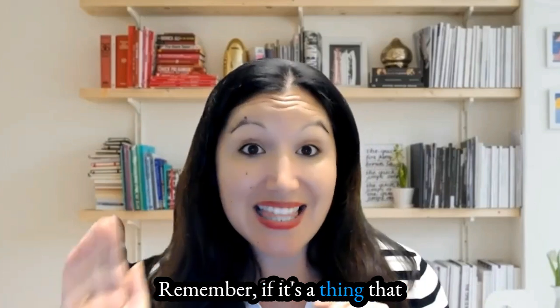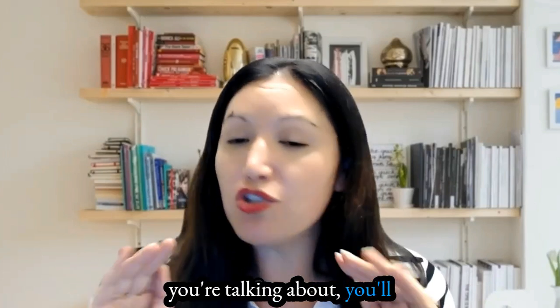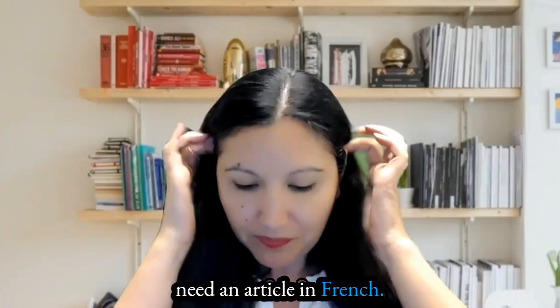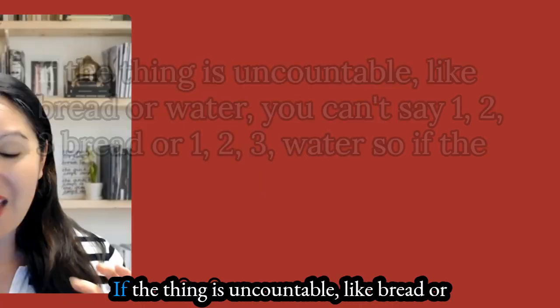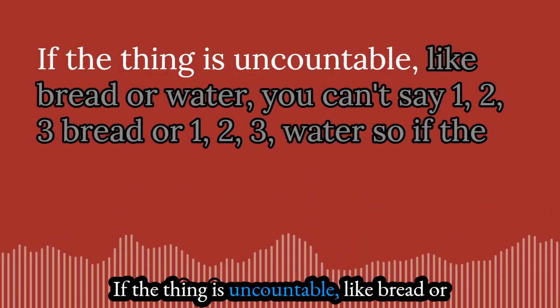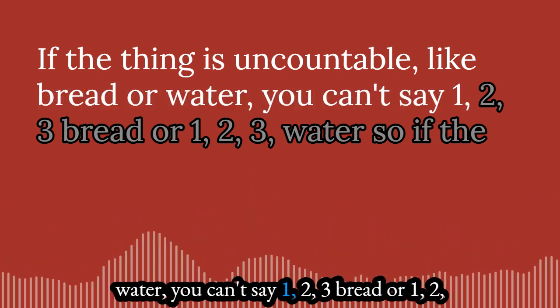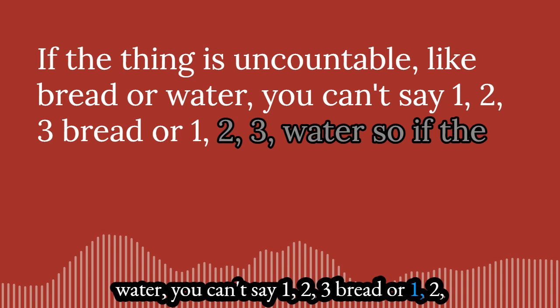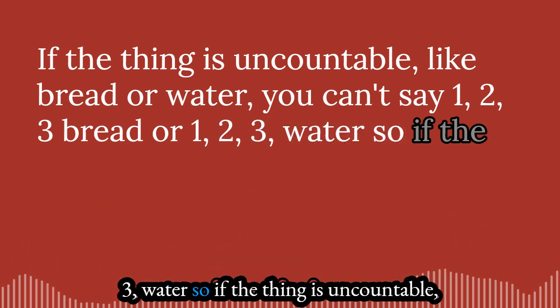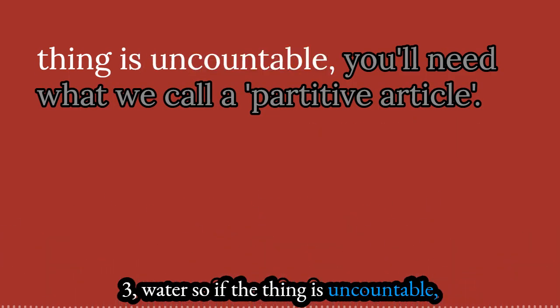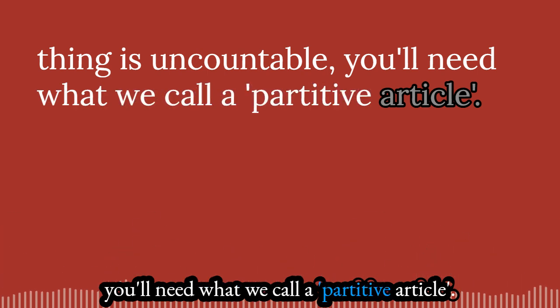Remember, if it's a thing that you're talking about, you'll need an article in French. Question 1, if the thing is uncountable, like bread or water, you can't say 1, 2, 3 bread or 1, 2, 3 water. So if the thing is uncountable, you'll need what we call a partitive article.